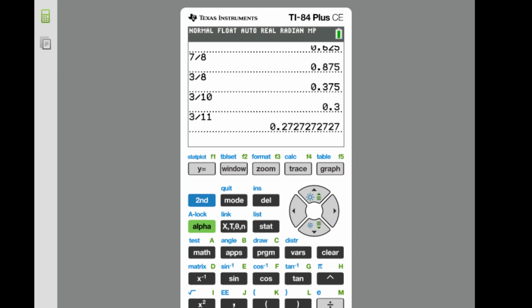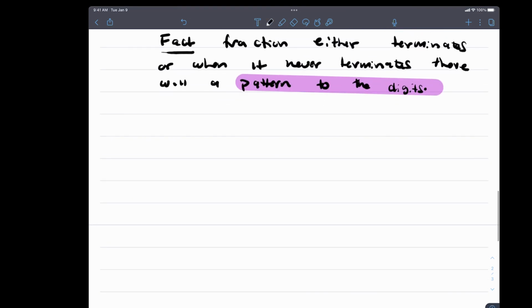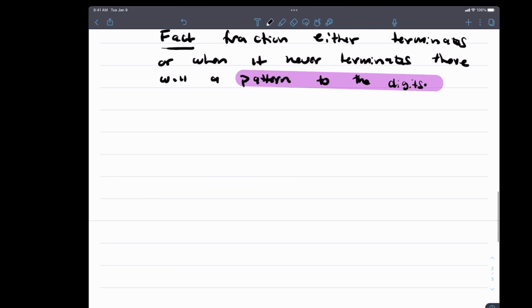Okay. Now let's go back to the iPad. Here's what I want to say. I want you guys to note this. Better yet, definition. Definition of this thing called an irrational number. Irrational numbers, here's what they are.